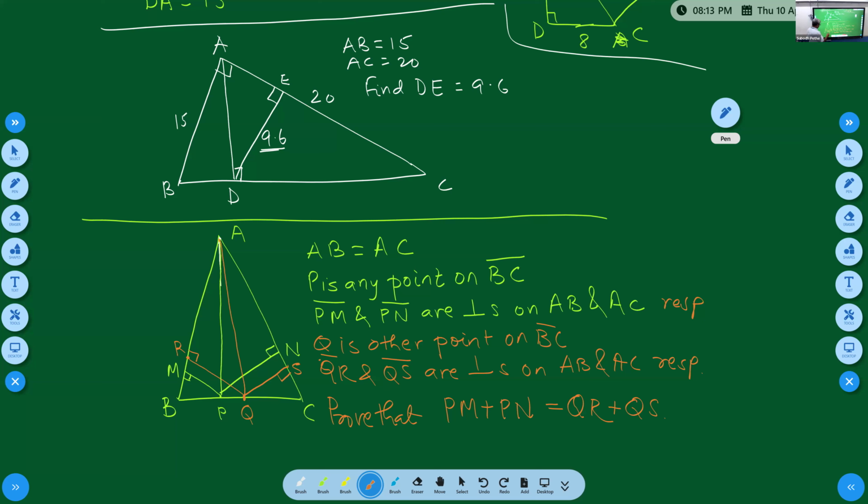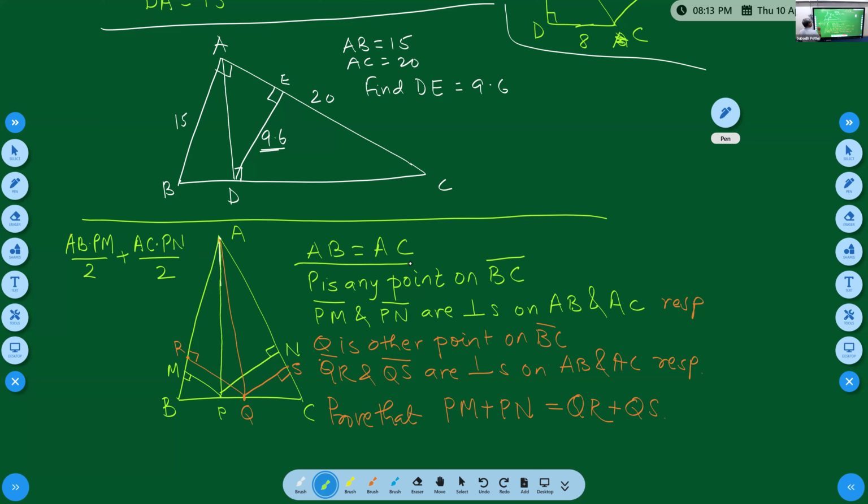Now, area of triangle APB is AB into PM upon 2 plus area of triangle APC is AC into PN upon 2. However, AB is equal to AC.